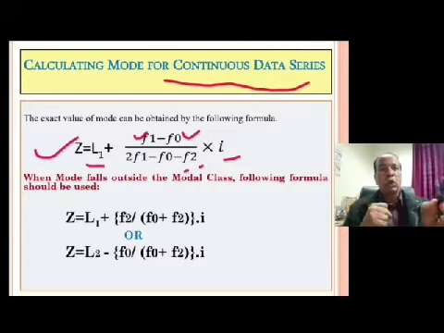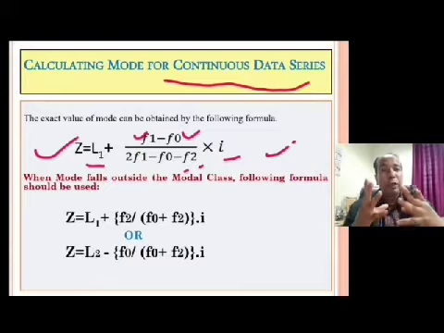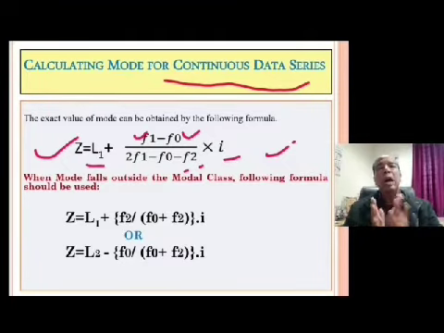In that case, mode cannot be worked out with the help of this, or sometimes when you calculated the mode by applying this formula, but your mode falls out of the modal class.